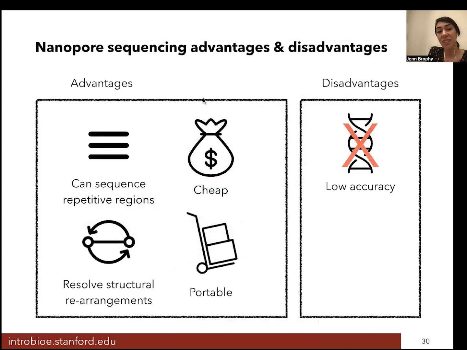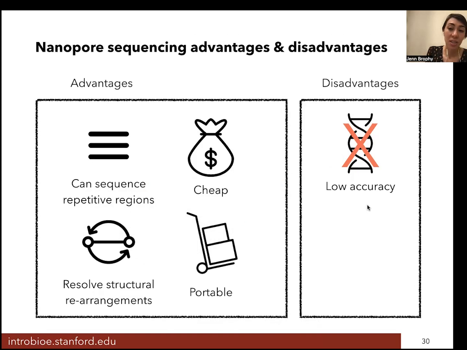So here are some of the advantages and disadvantages of Nanopore. It can sequence repetitive regions. It also does really long reads like the PacBio system that I showed you before. It's pretty cheap. It can resolve those structural rearrangements and it's portable, but it does have a lower accuracy than the Illumina system, and it doesn't have the advantage that PacBio does of being able to sequence multiple molecules over and over again.